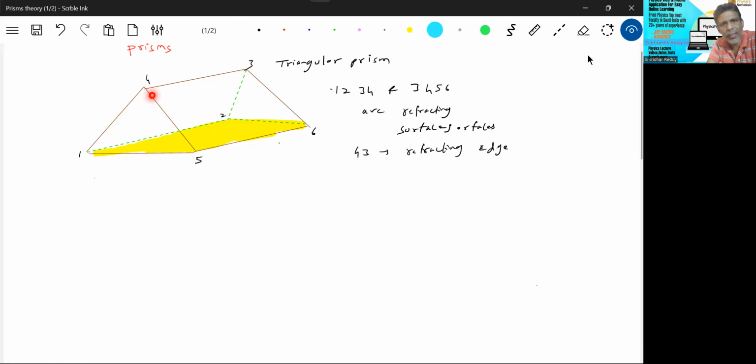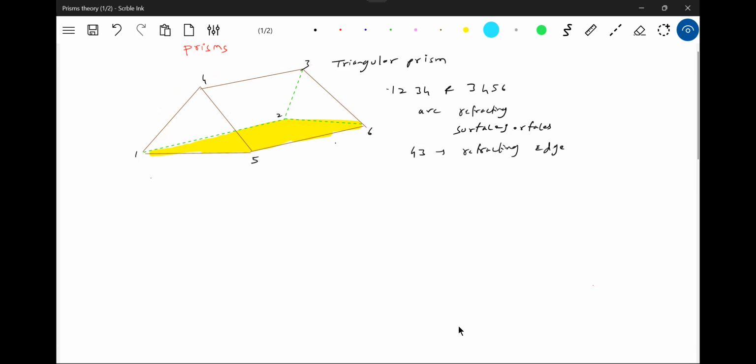So what do you mean by refracting surface? There's one refracting surface. Like this, basically, we will define the prism. So what is the basic way of describing a prism?